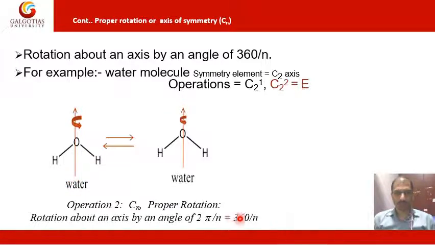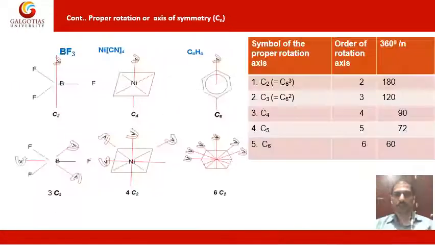Here also 2 pi, this is 360-degree rotation. So by making a 180-degree rotation, C2 symmetry will be there. There are some more examples like BF3.